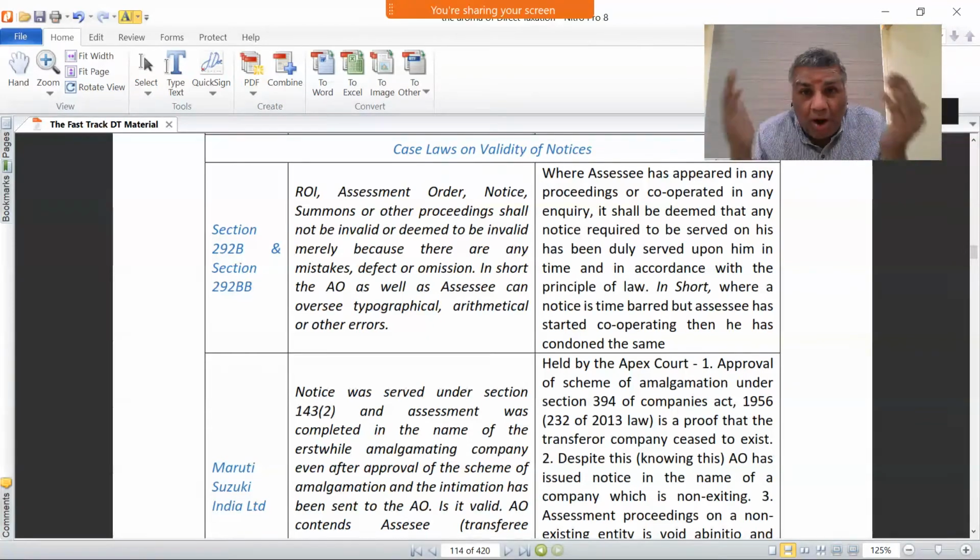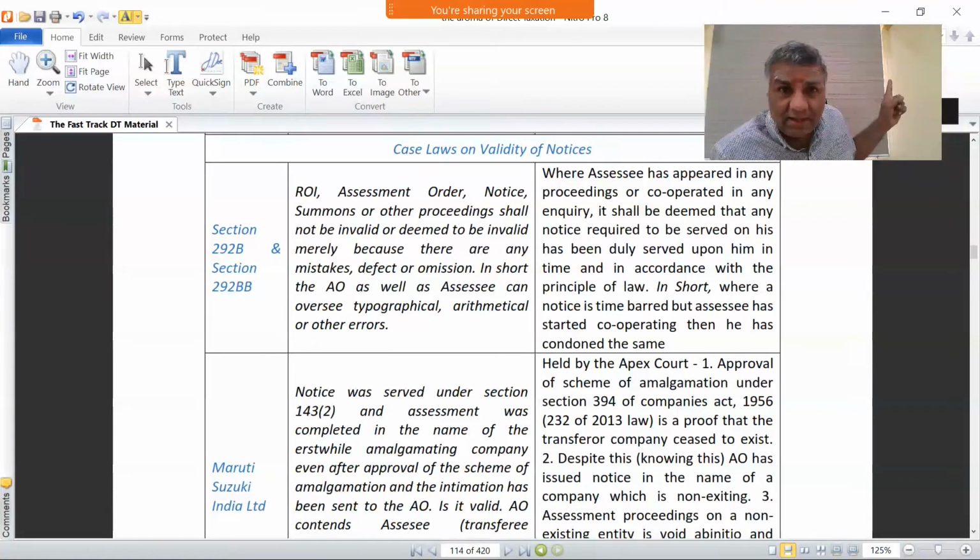Assessee starts cooperating in the process. Later, assessee says, sir, notice is wrong, sir. You started participating. You started cooperating. Now don't tell me notice is wrong.